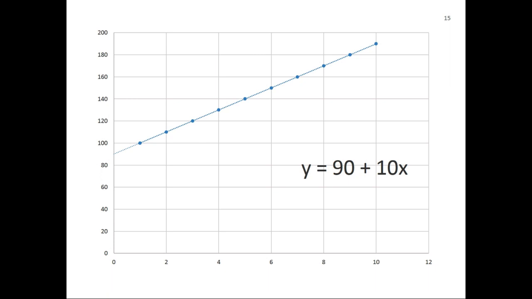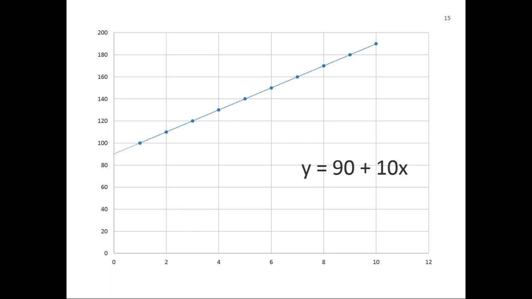And then can anyone tell me what beta 1 is? Hopefully you said the right answer. It is 10 in this example. So whenever x goes up by 1, y goes up by 10. And you can see that in the chart. When we start at the intercept, when x is 0, y is 90. When x goes up by 1, y goes up by 10.